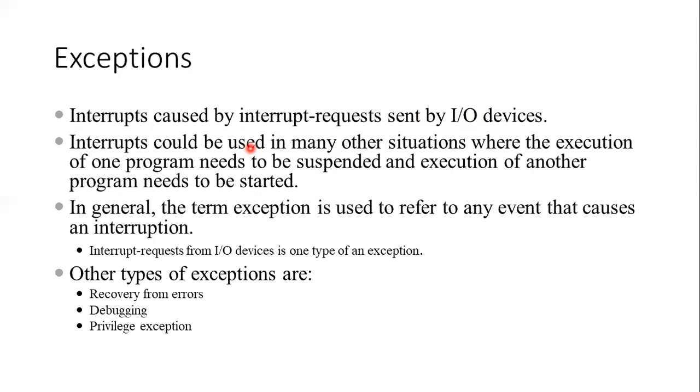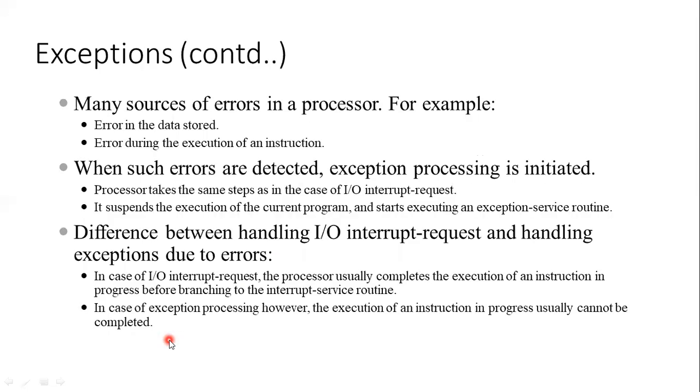Interrupts could be used in many other situations where the execution of a program needs to be suspended and the execution of another program needs to be started. In general terms, exception is used to refer to any event that causes an interruption. There are other types of exceptions, such as recovery from error, debugging, privilege exception, etc.